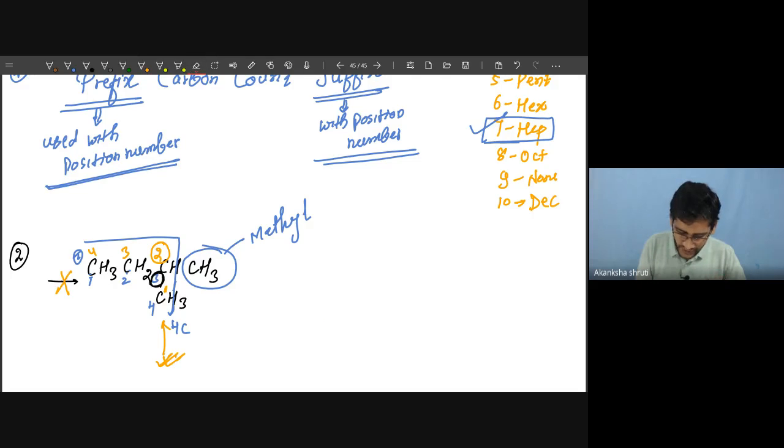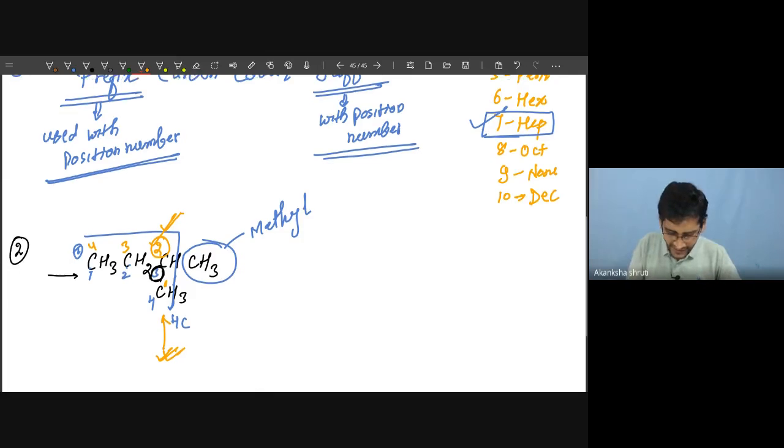It's very simple, students. You have to select the longest chain, give the number from either end, then choose the smaller number. That is the rule. So this way we observe that this is our correct one.